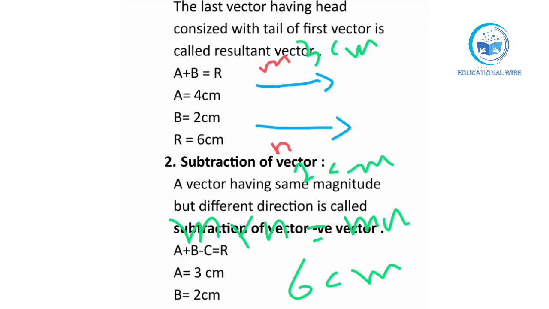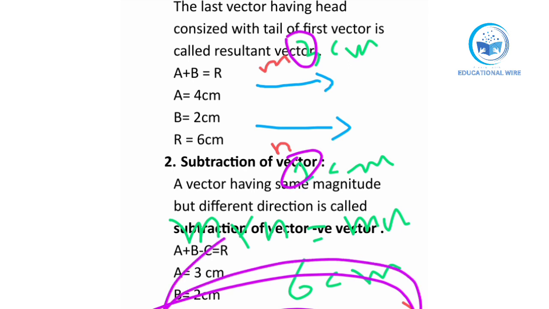Like this will be the larger line of 6 centimeter. As I previously told you, when a vector is multiplied, the magnitude increases. You have seen that here was a magnitude of 3 and 2. Then when it multiplies, the magnitude has increased and the direction remains the same. In which direction is it?